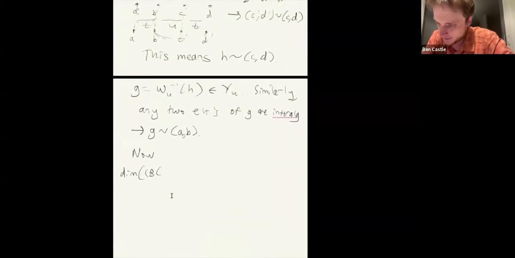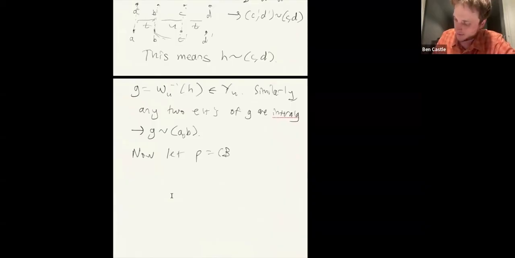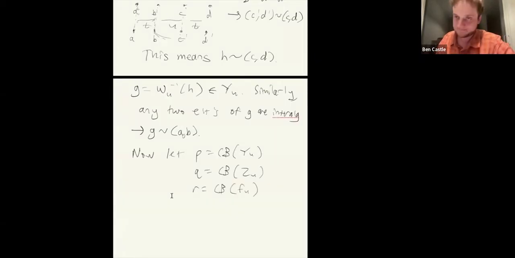Let's name these things. I gave these specific names in the notes, so I'm going to do that again here. So let P be the canonical base of our YU, and Q the canonical base of ZU, and R the canonical base of the function going between them. Okay, so P, Q, and R are the three things that we're going to look at.